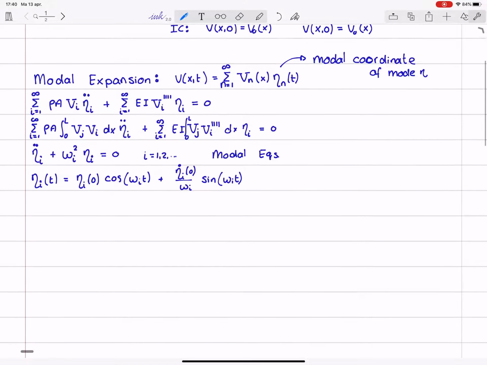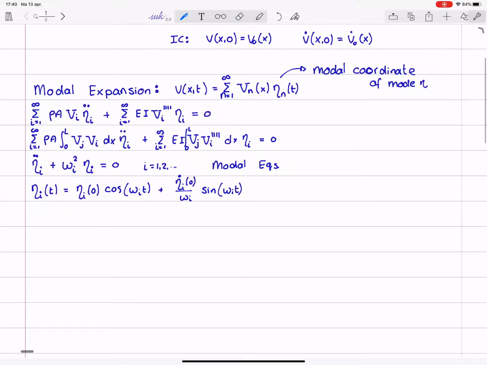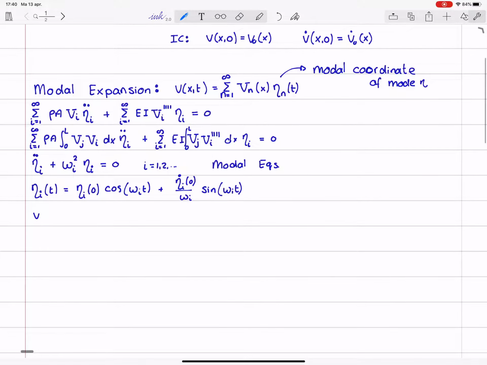For that we are going to apply the modal expansion on the initial conditions. So V at x, 0 can be written as the infinite sum, i is 1 to infinity, of Vi as a function of x times eta i at 0, and this must be equal to the prescribed initial shape.